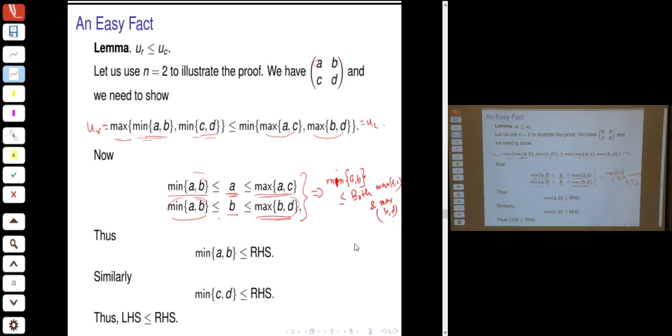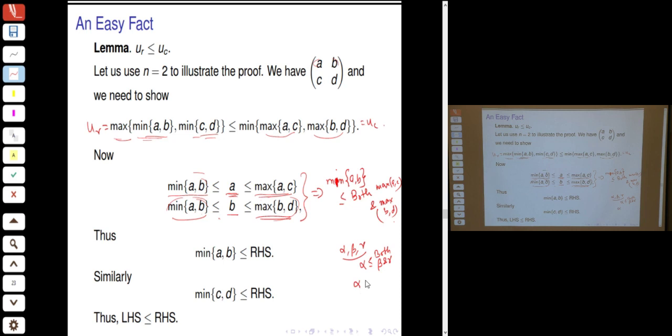So now think of 3 numbers alpha, beta, and gamma, and suppose alpha is less than or equal to both beta and gamma.